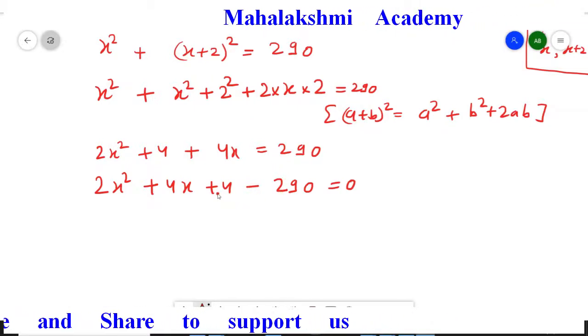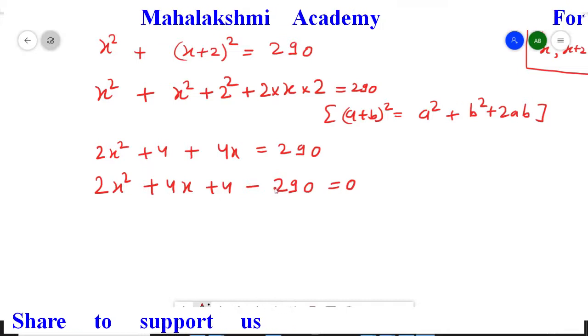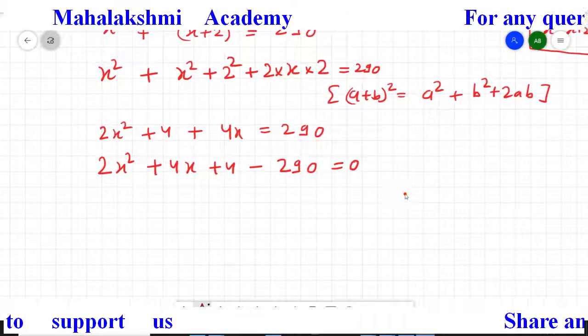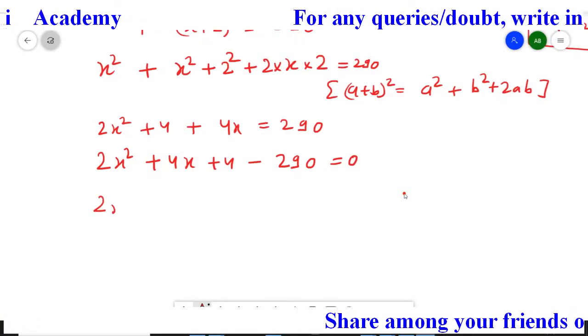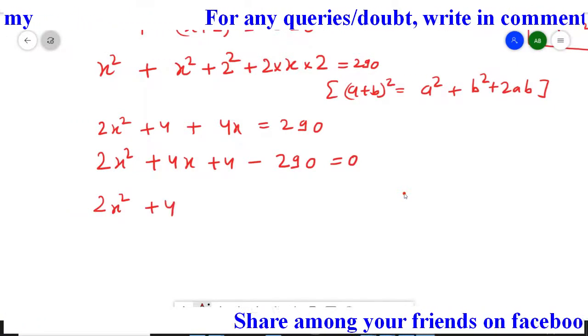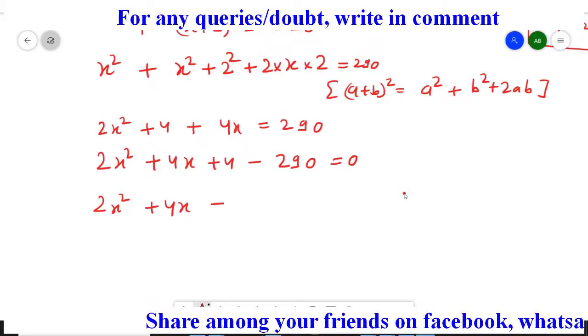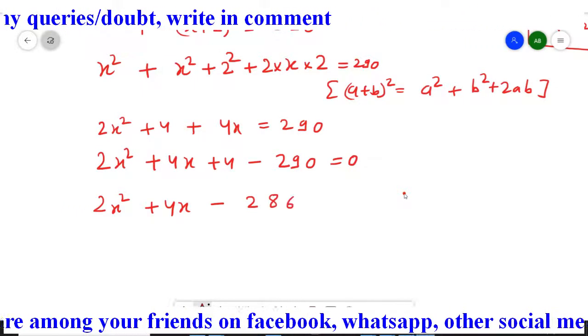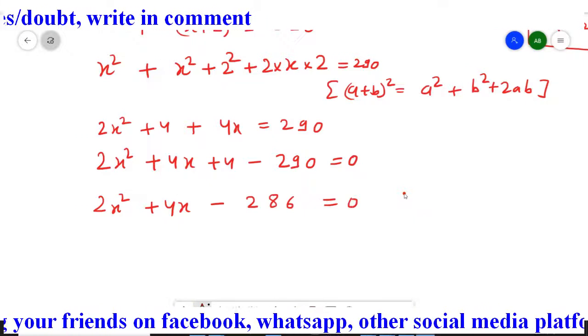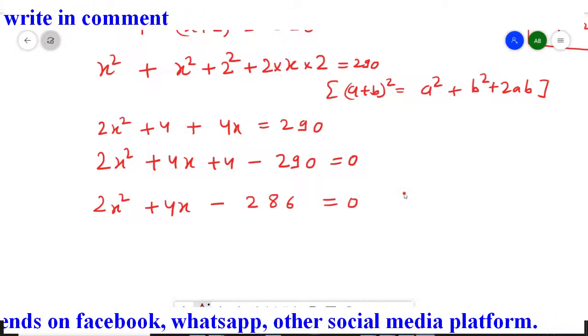Now 4 and minus 290, plus and minus we do as minus, with the sign of the bigger number, so we apply the minus sign. That will give us 2x square plus 4x minus 286 is equal to 0.